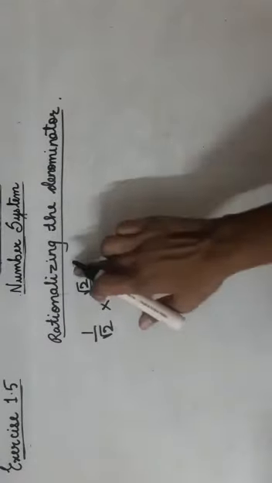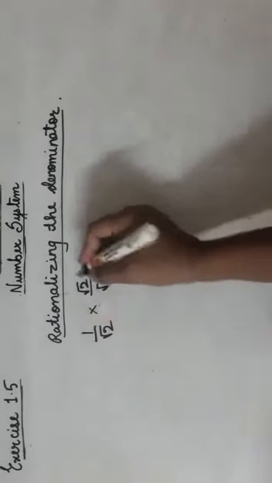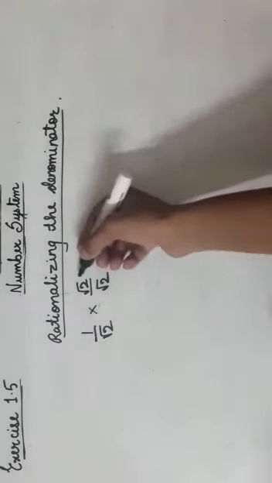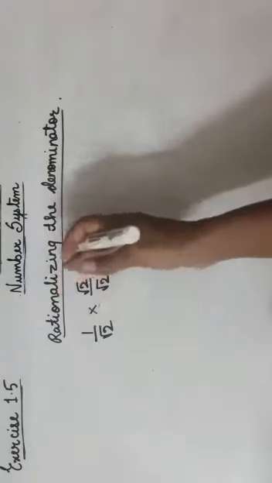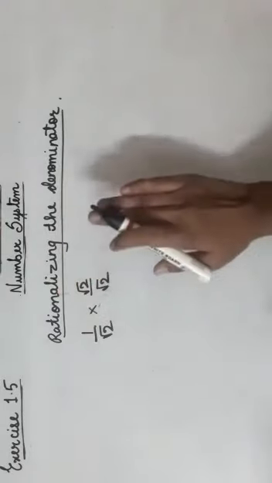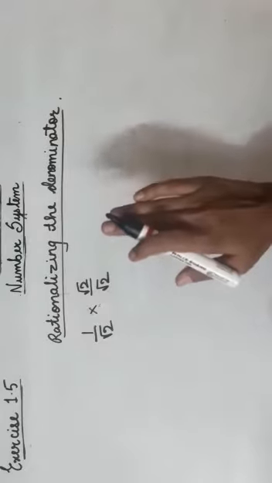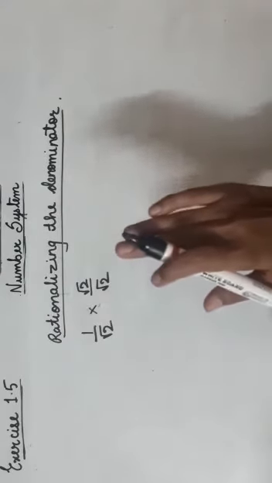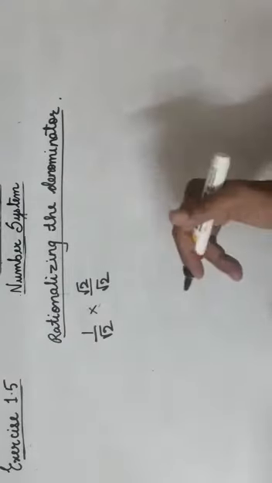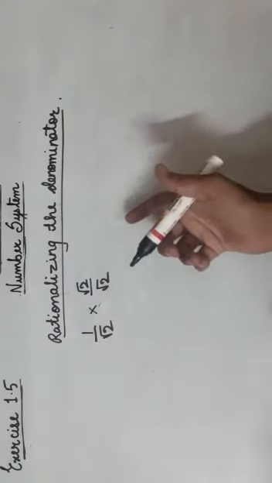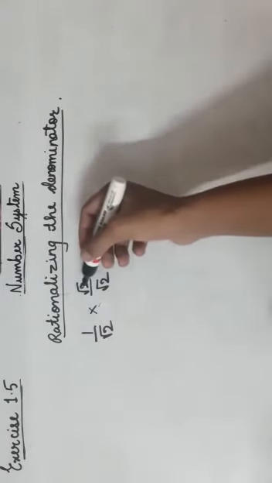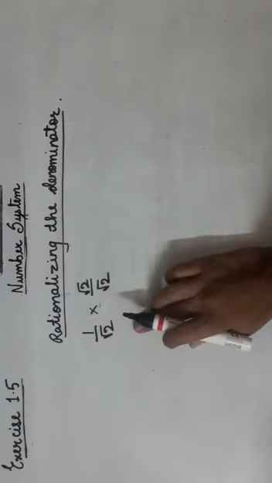So now root 2 will get cancelled, and what will remain? 1. So 1 by root 2 into 1 is 1 by root 2 only, no? So if you are multiplying and dividing the same number in numerator and denominator, it does not change the value of your number. Okay, so remember this, when you are multiplying the same number in numerator and denominator, it does not change the value of the number.